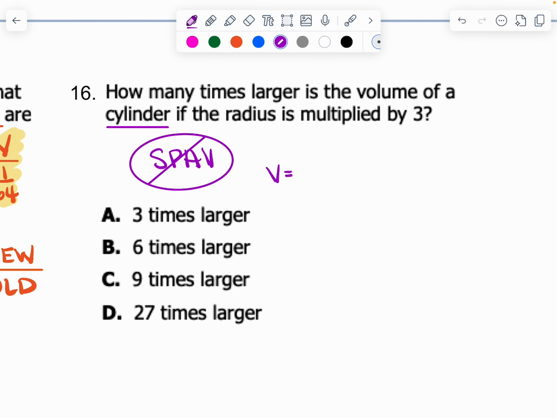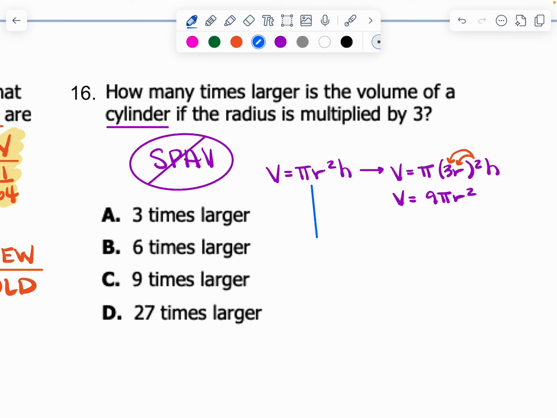So again, we talked about this in class. You can either do this in your head or you can manipulate the formula. I know the volume formula of a cylinder originally is pi r squared h. So if I multiply the radius by 3, I need to recognize that in the volume formula, the radius is getting squared, which means the effect on the radius must also be squared.